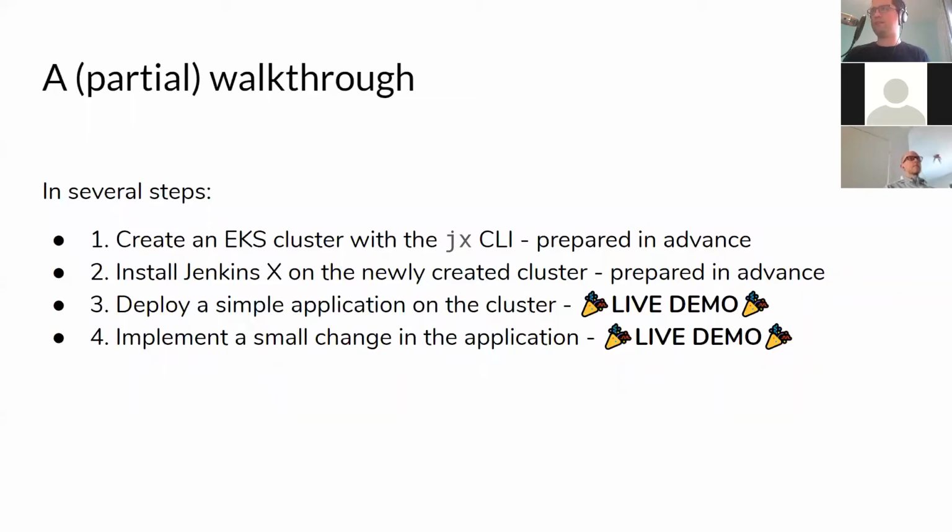I think officially it's just EKS and Google Cloud, but they have providers for other Kubernetes providers. And then basically the next step would be to install Jenkins X on the cluster.